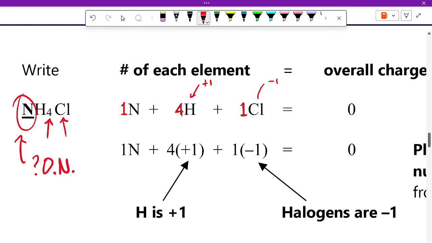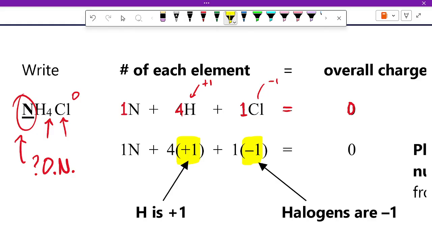And basically we write out each of our elements and then we make it equal to the overall charge. Well, the overall charge of this compound is 0, right? Because it doesn't have an overall charge, it's a compound. And so now we substitute the plus 1 for hydrogen and the minus 1 for chloride, and we end up with our little mathematical equation.